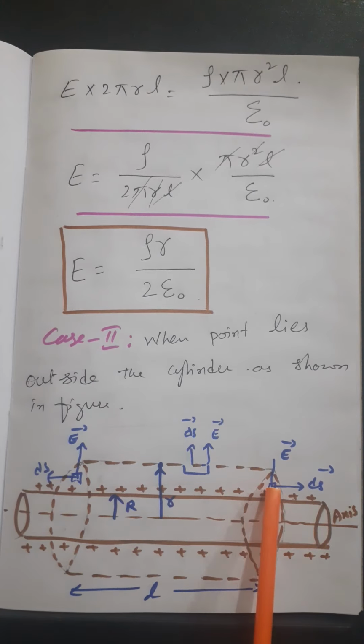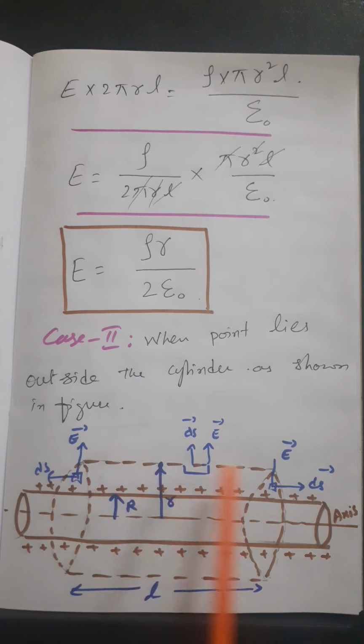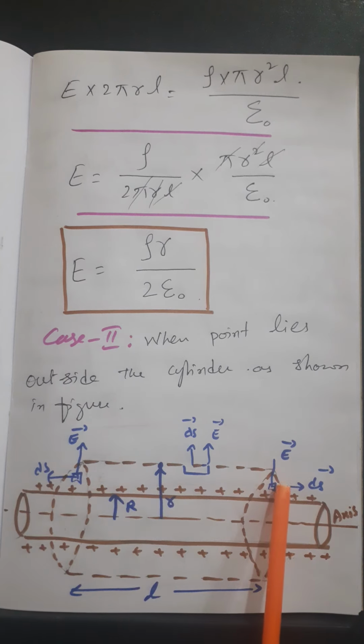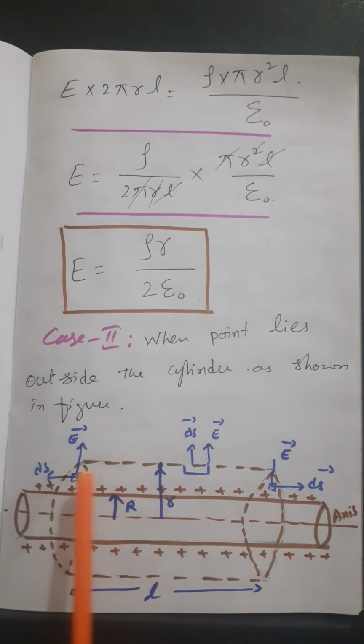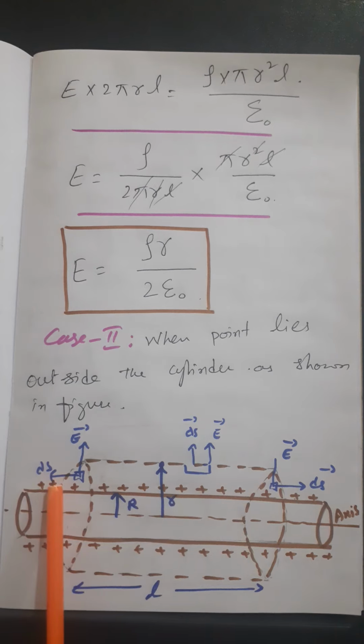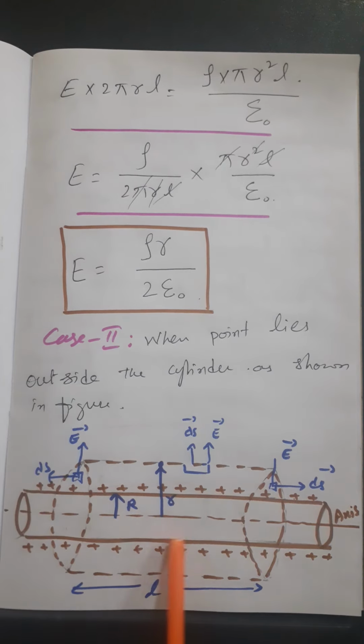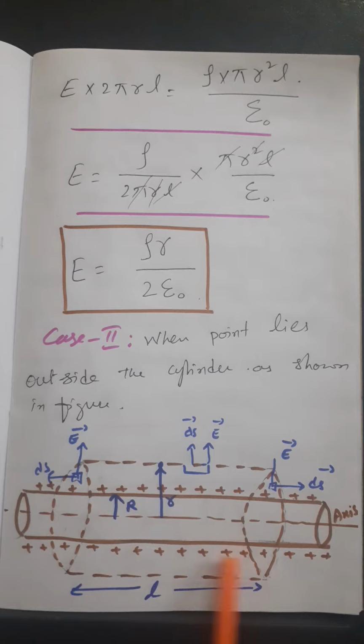Again the electric flux through these caps will be 0, because the angle between E and ds is 90 degrees, and cos 90 is 0. So the electric flux through these two caps will be 0. Then we consider the electric flux through the curved surface only.